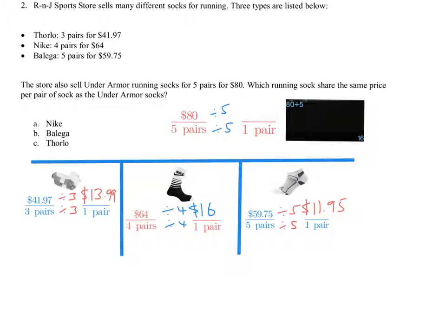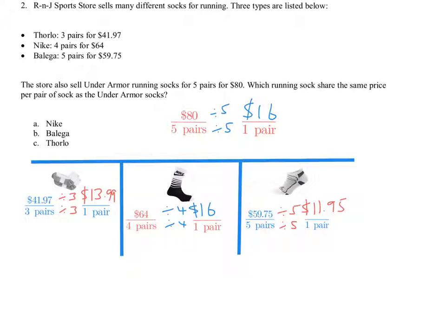So that's $16 per pair. So the actual question says, which running sock shares the same price per pair as the Under Armour socks? So which running socks share the same price?